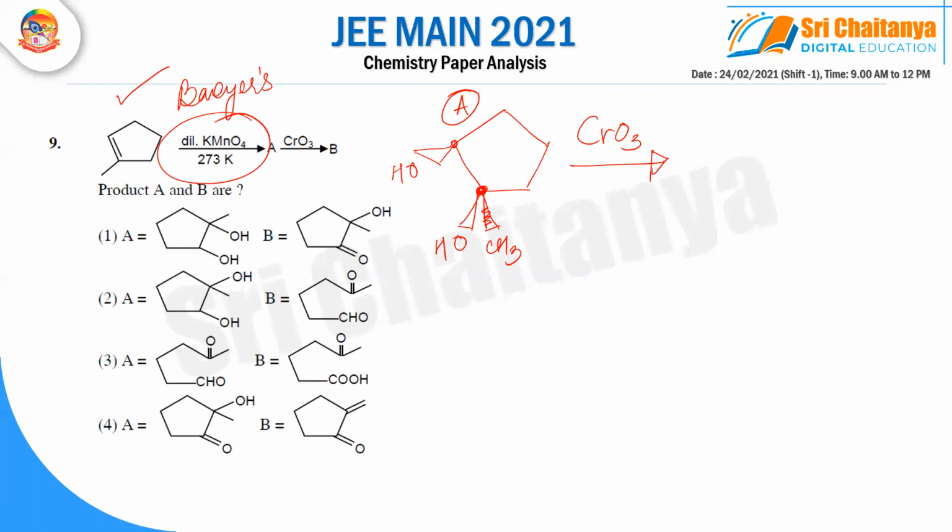But this one has. How many hydrogens does it have? 1. So it can be oxidized once, leading to a ketone at that particular position. The question is not talking about stereochemistry, but I'm taking care of that as well. Here, I'm going to obtain a ketone. So if I look at my options clearly, option number 1 satisfies.